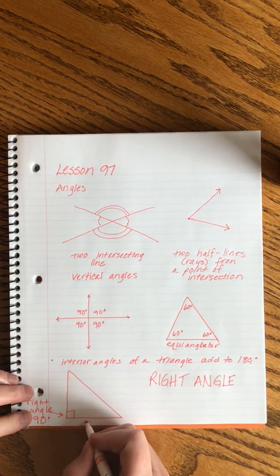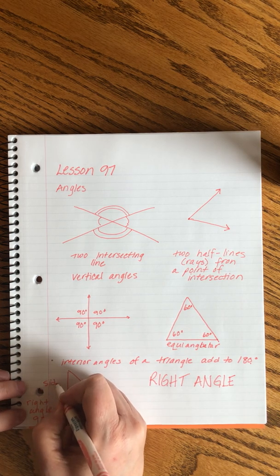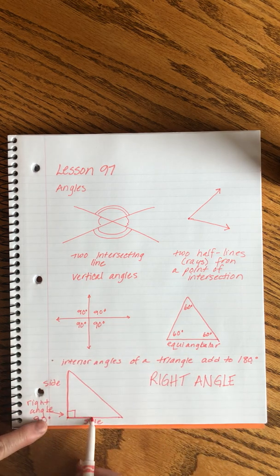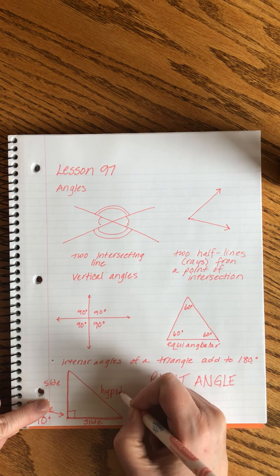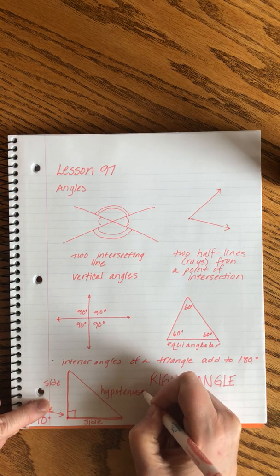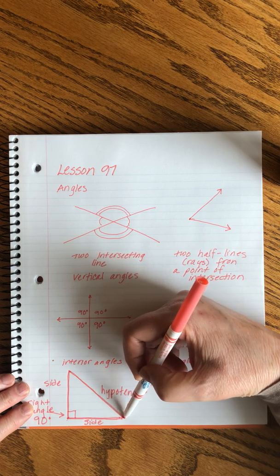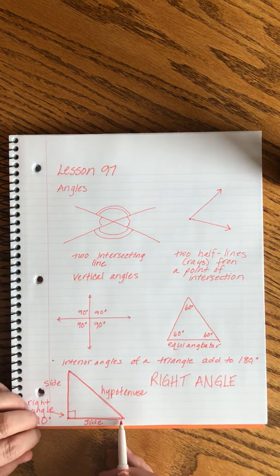This is called a side. This is called a side, and by that I mean that part of the triangle and that part of the triangle. Those are called sides. This is always called the hypotenuse. And it's a fancy fancy name for the choppy side of a right triangle, the kitty corner side.